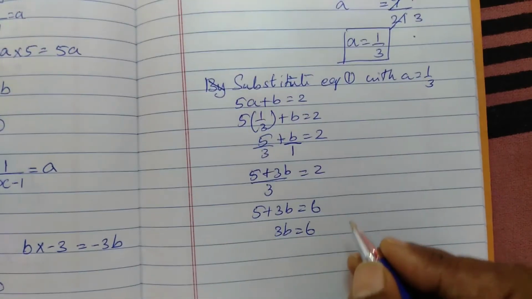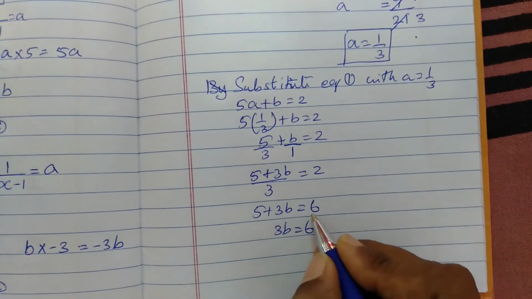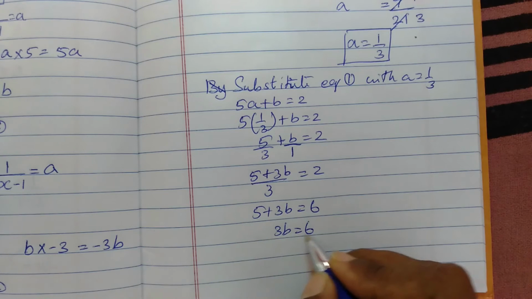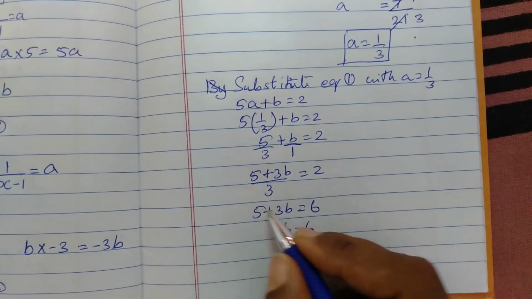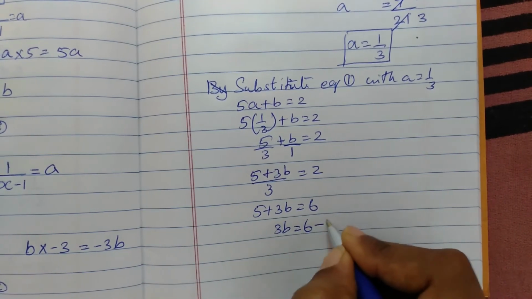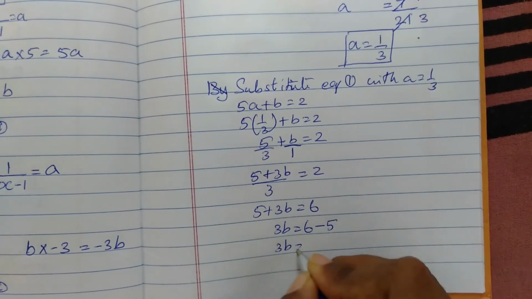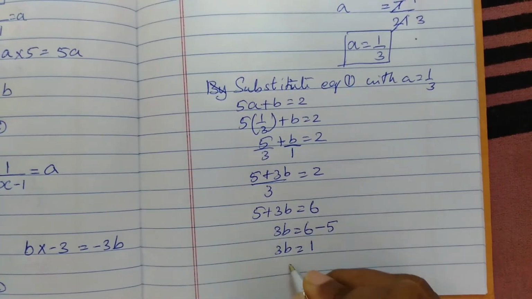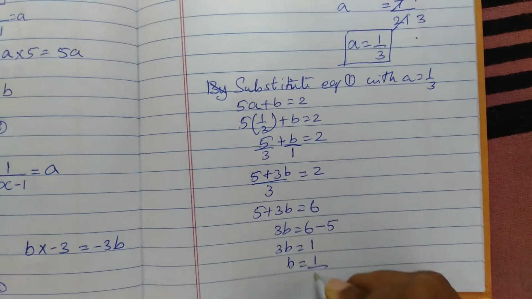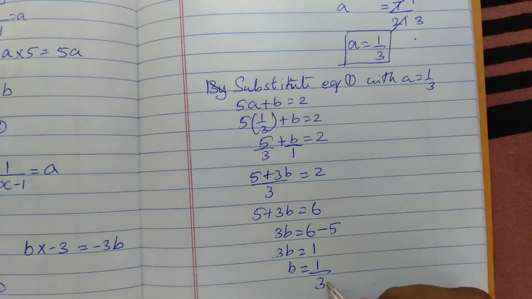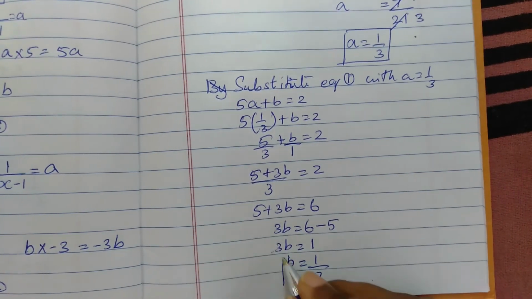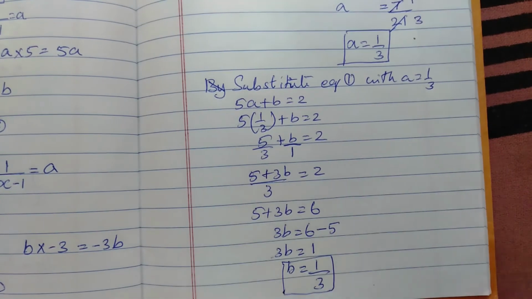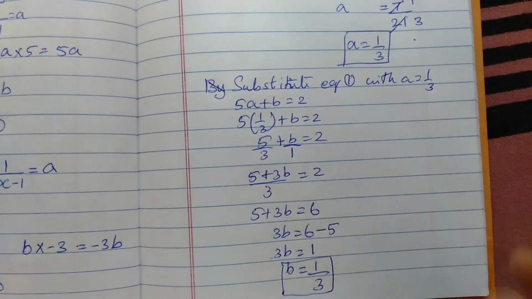So see, it's 5 plus 3b is equal to 6. This is a constant term, so let's move it to the right hand side, becomes minus 5. Now 3b is equal to 6 minus 5 is 1. So b is equal to 1 divided by 3, because this is a multiple. So it becomes a divisor on your right hand side. Now you have the value for b also. But this is not all done.